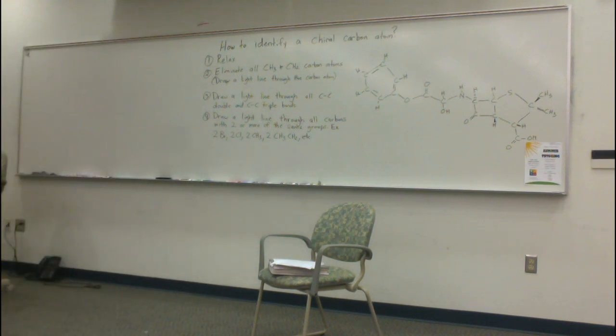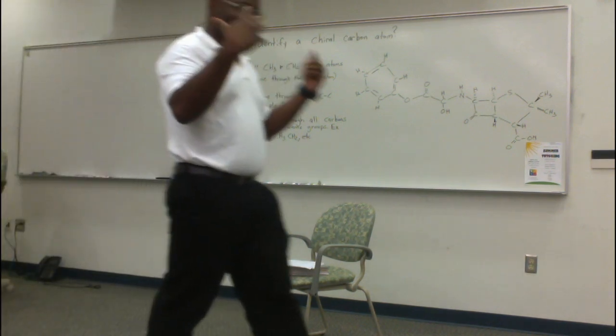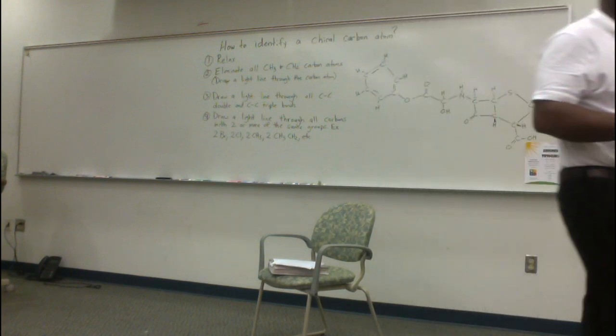Now, in this molecule I drew on the board, how many carbon atoms do we have? 1, 2, 3, 4, 5, 6, 7, 8, 9, 10, 11, 12, 13, 14, 15, 16 carbon atoms. And we do not want to go through all 16 carbon atoms to determine if they are chiral. First, just relax. Get all the bad ideas out of your head.